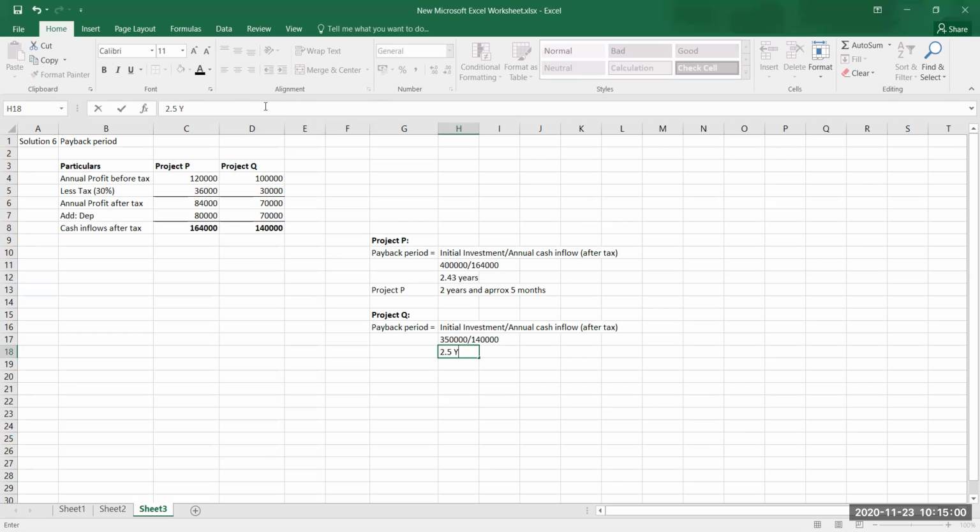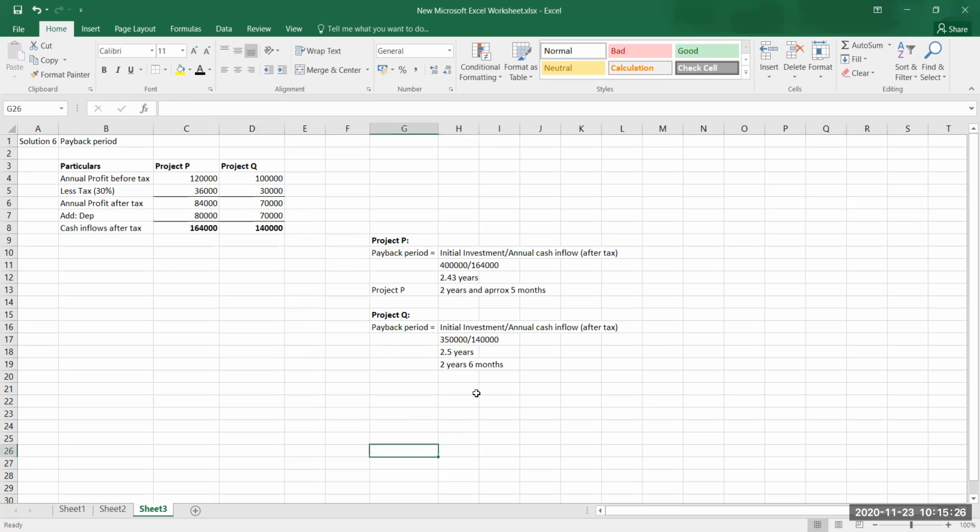That is 2 years, and 0.5 into 12 comes to 6 months. 0.5 means half. So approximately it is taking 2 years, 6 months.